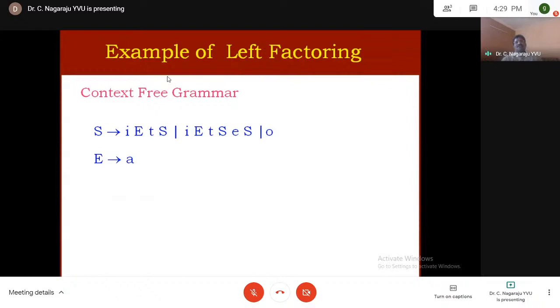In this case, you see that it has left factoring. Four tokens are common: if the two productions have four common tokens, 1, 2, 3, 4, and 1, 2, 3, 4. So how do you eliminate this? Simply, these two productions suffer from leftmost factoring.